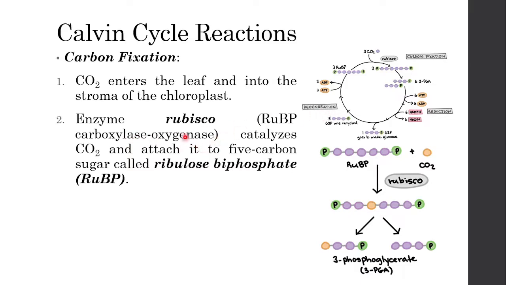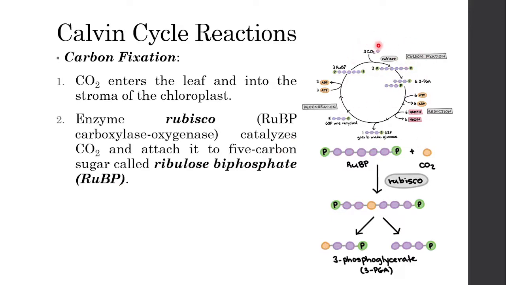It's quite a mouthful, so just remember the word Rubisco. Rubisco catalyzes the attachment of the CO2 that we have to a 5-carbon sugar, which we call RuBP, or ribulose biphosphate.